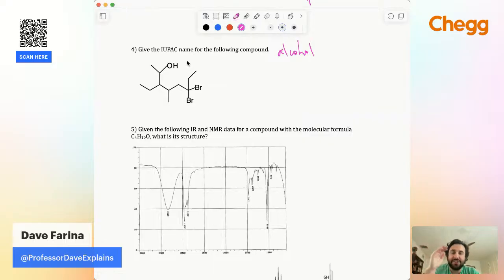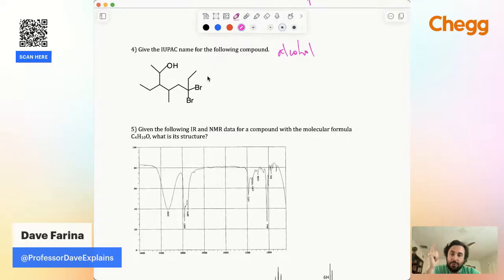So there is a hierarchy here. Hydroxyl is higher priority, and alkyl and halogen are lower priority, which means that we will number the parent chain accordingly. Number one, the parent chain has to contain the carbon that bears the hydroxyl, even if there's a longer chain elsewhere in the molecule.